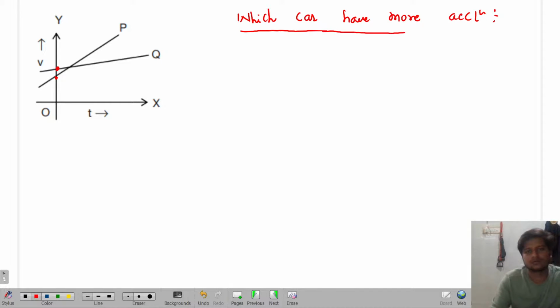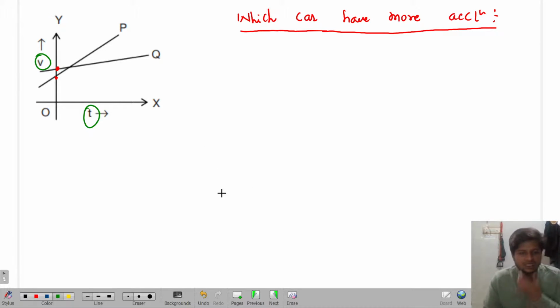P. Which car is moving faster? It's a simple logical question. Yuraj Singh, P, yes, correct.